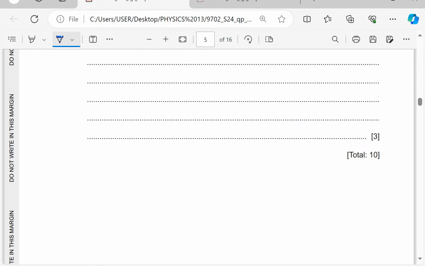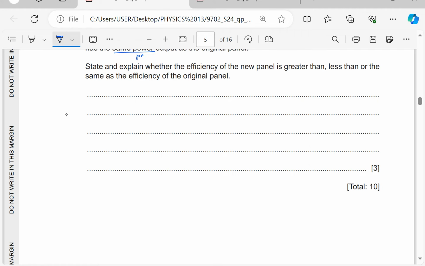So I will do this mathematically here. We know that efficiency, I'll use small letter e for efficiency, is going to be power output over the power input. Remember, power output has remained the same. Also remember, intensity is power over area, which means that the power is equal to intensity times area.